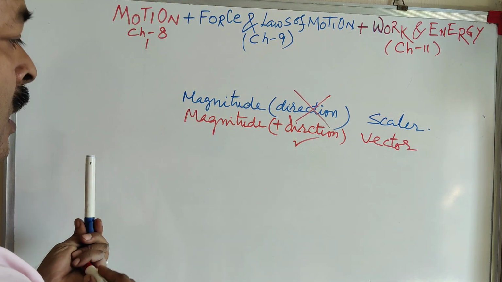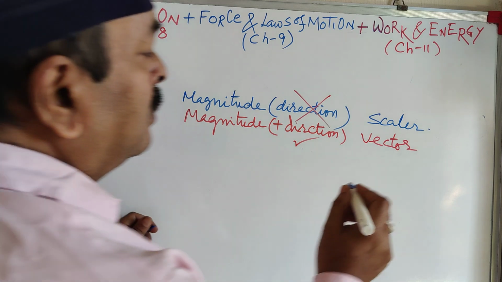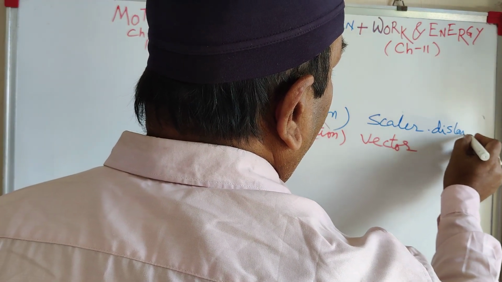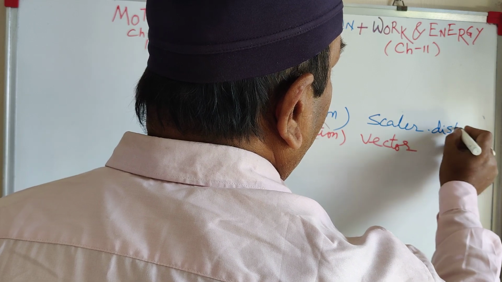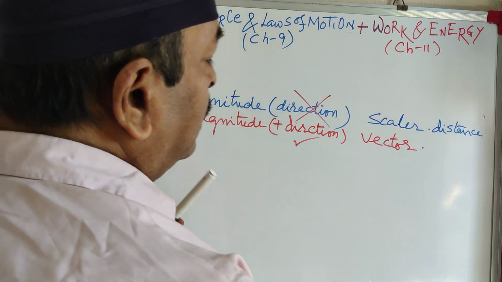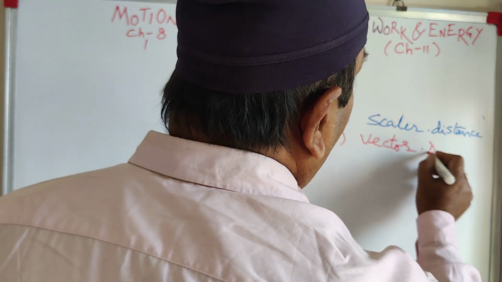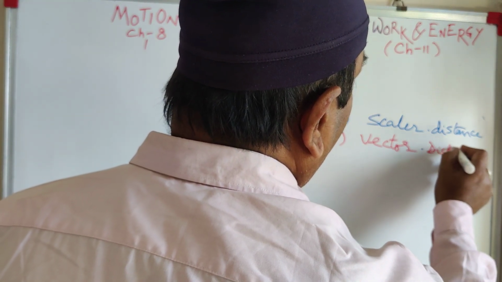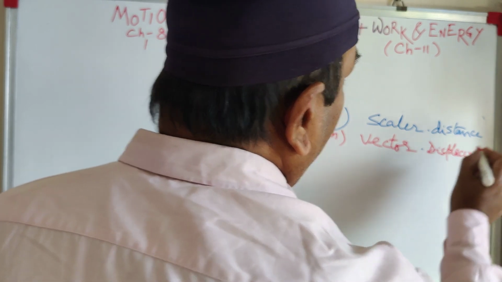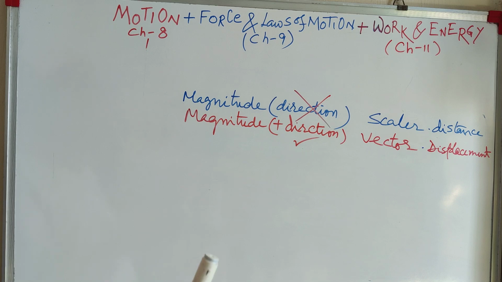So from our discussion up to this time, distance is the scalar quantity, and displacement is the vector quantity. Hope it is clear.